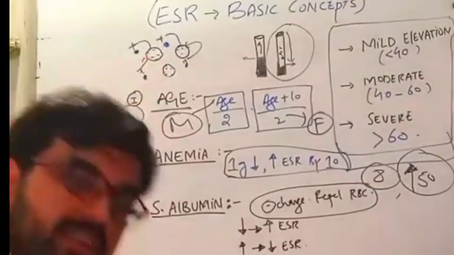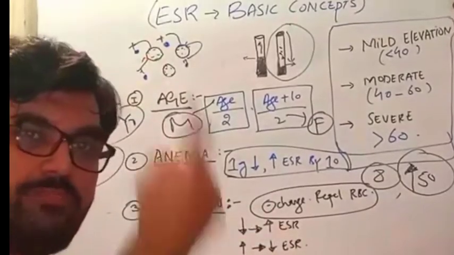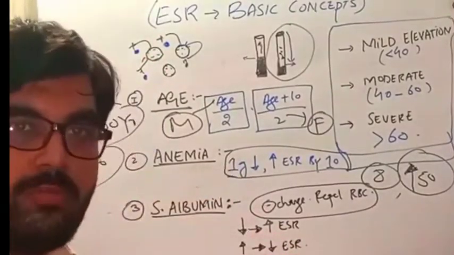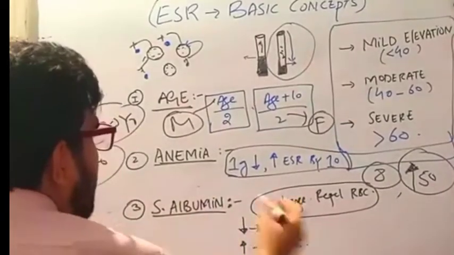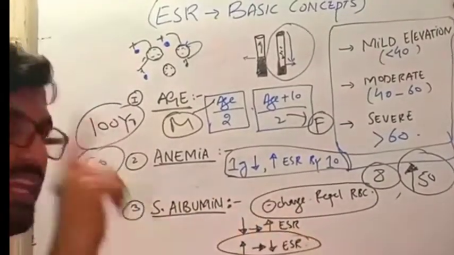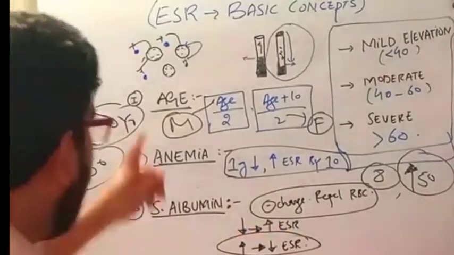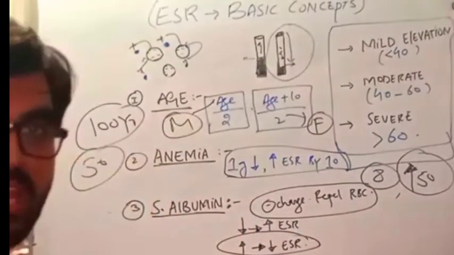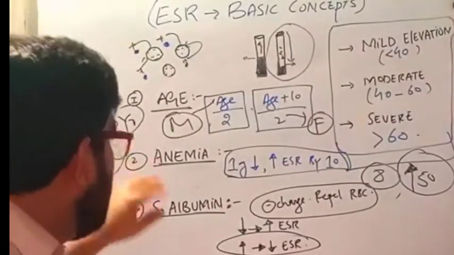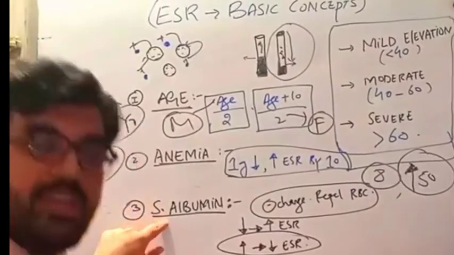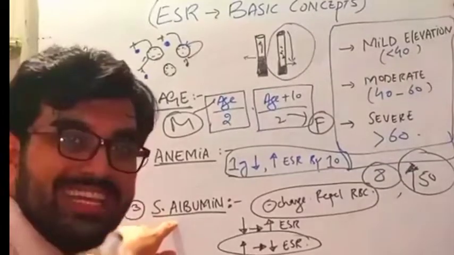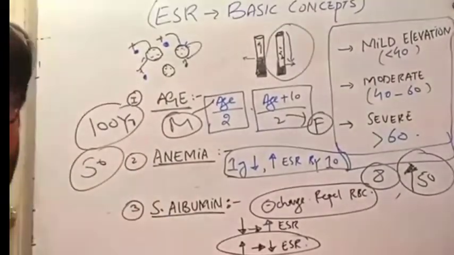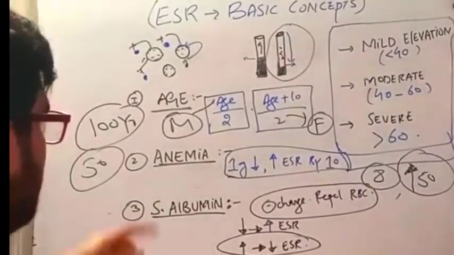So increase in albumin causes decrease in ESR, and decrease in albumin causes increase in ESR. If the serum albumin is decreased, for example the patient is having CLD and serum albumin is decreased, so the ESR will be increased.